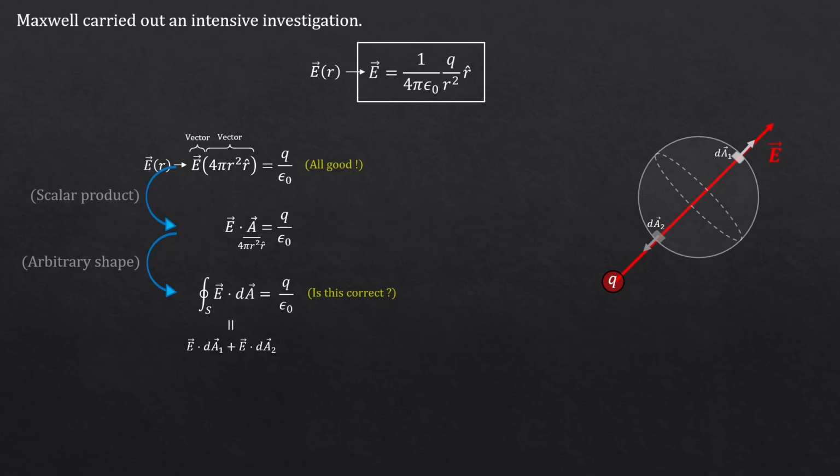So in the area's perspective, at the bottom, the electric field is entering in, and at the top, the electric field is exiting out. This means they will cancel each other and give us 0. But the right-hand side isn't 0. Does this integral make sense? I don't think so.